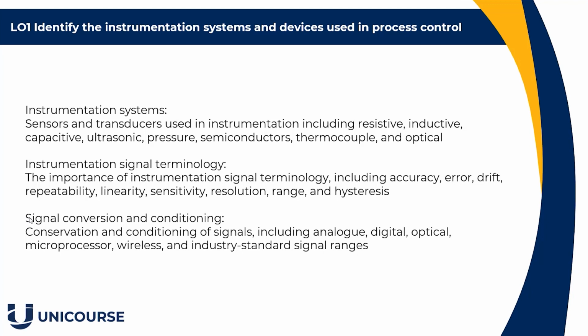So we have something called signal conversion and conditioning. This can be very simple, where we have an analog signal that's converted to digital or optical, and then we can connect that up, and we also use a microprocessor to manage it, or a wireless system, and of course we have industrial standard signal ranges. That's important because if we don't have that, then these devices won't operate.